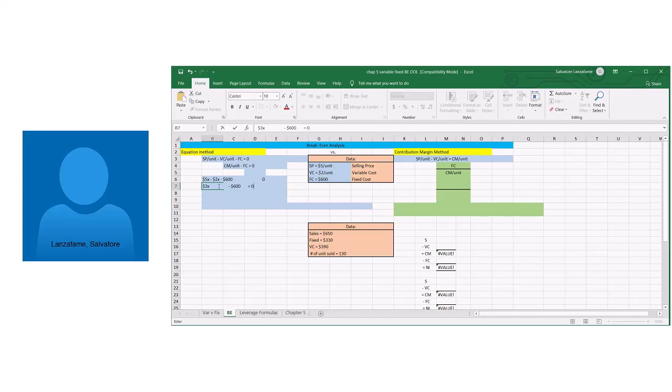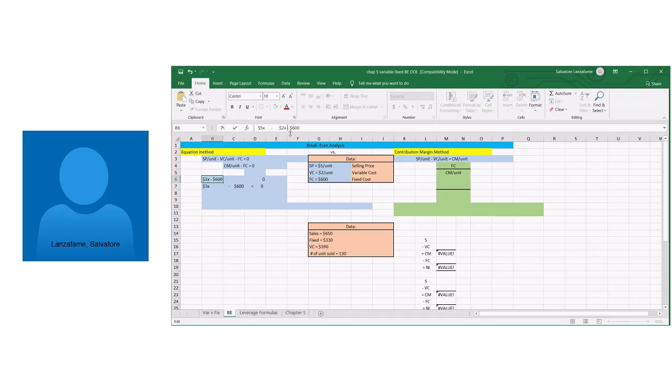I'm just cleaning up our math. If you remember from your math classes, when you're doing algebra, combine your like terms. So 5x minus 2x gives me 3x. That's all I'm doing in that first one.